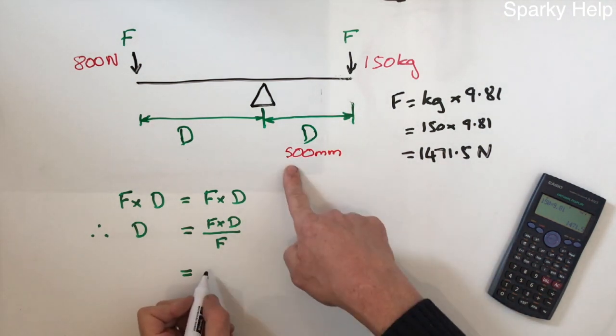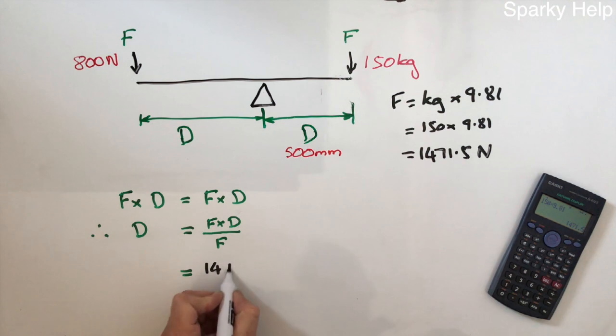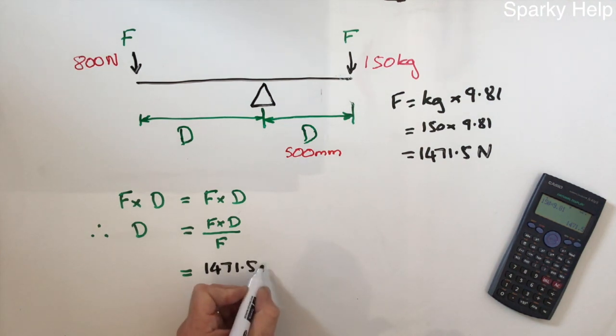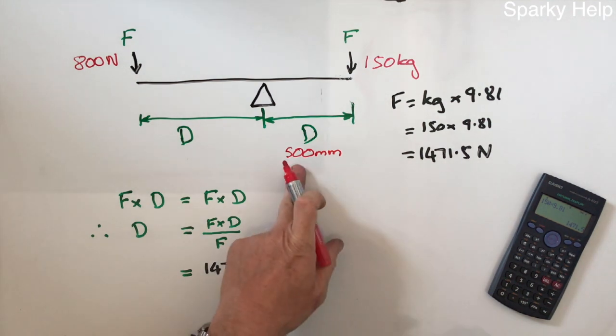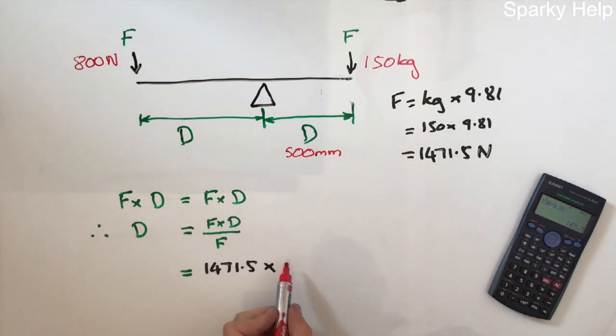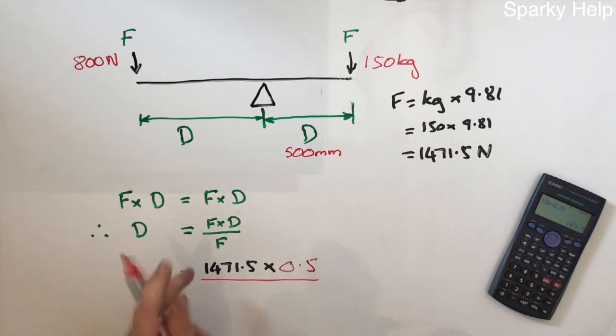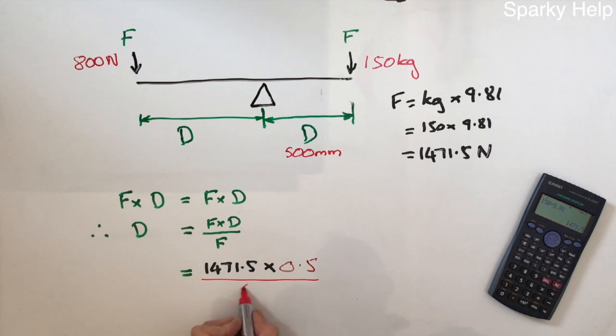So the force is 1471.5 times, can't use millimetres, we need it in metres, so that is 0.5 divided by that force on that side, so that's 800.